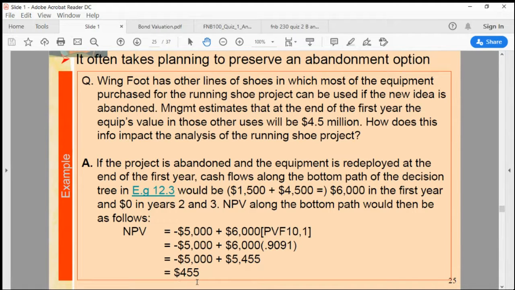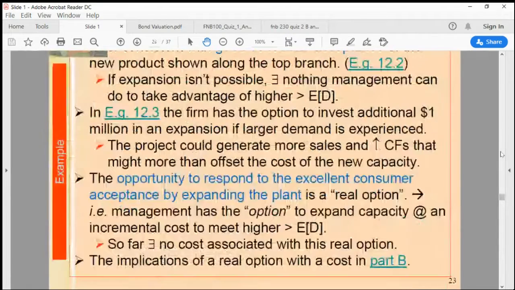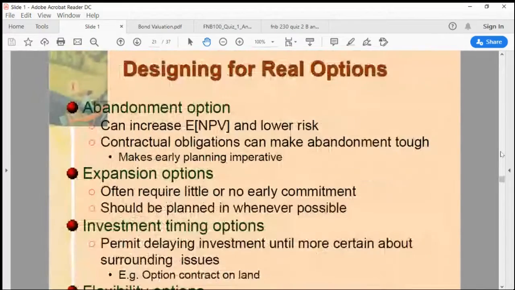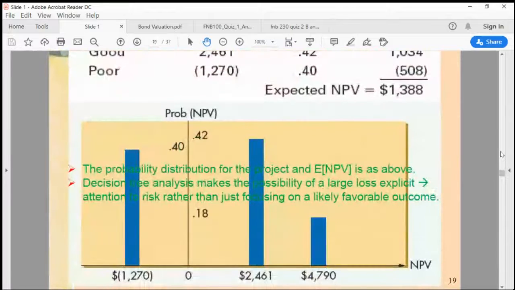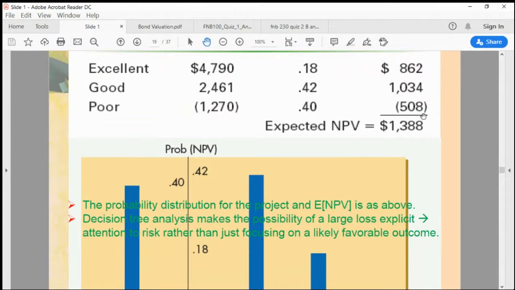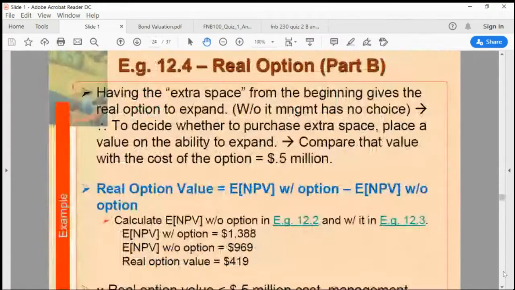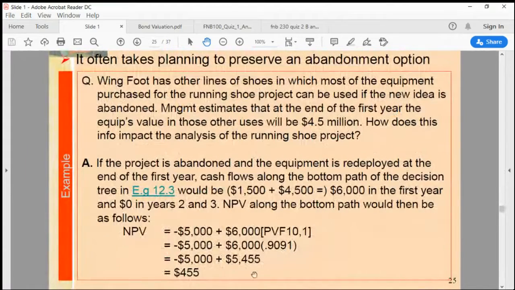It will come to 455 million, which is at least positive compared to the original scenario, right? You see, if it is poor, the net present value under that scenario would be negative, but at least the bottom path won't be negative, it will be positive, right?